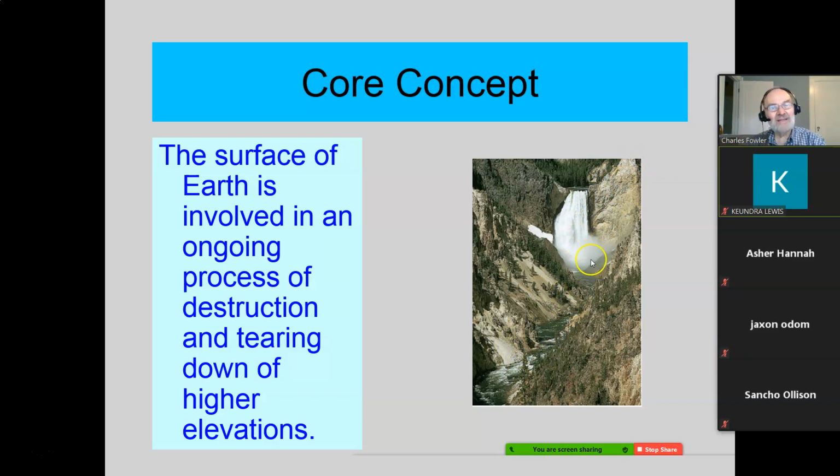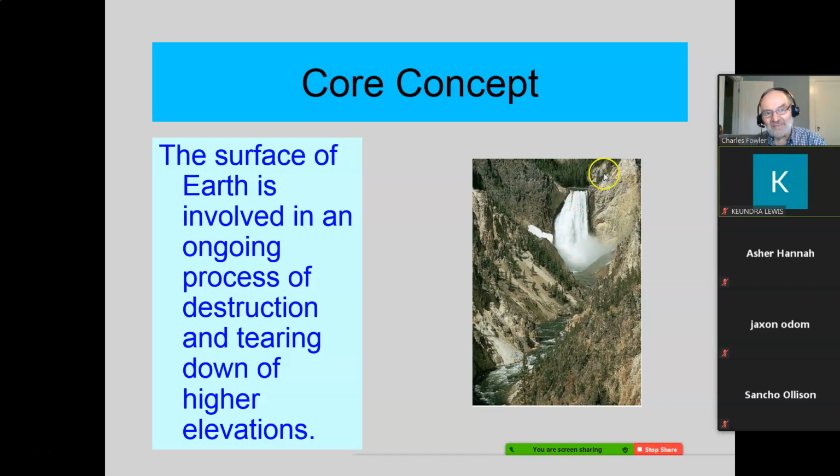Running down, running down, running down. Lower down here is a second, the lower Yellowstone Falls. Another beautiful waterfall. And I've seen that one as well. We've been up here on the edge of this one. I mean, that water is moving. This is highly resistant rock, like granite here. This was probably a lot of sandstone in here that got eaten away really badly. This is still being eaten away.